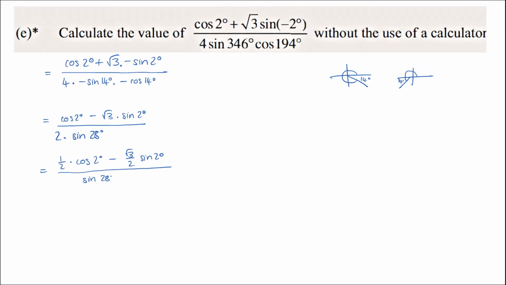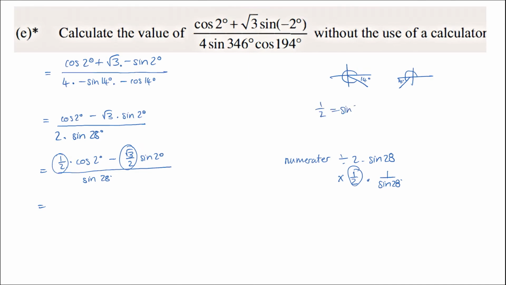So if we look here that we've got this numerator and we are dividing it by 2 times the sine of 28, well, isn't that the same as taking that numerator and multiplying it by a half? And I can still think about multiplying this by the sine of 28 degrees. But it's helpful for me to think about bringing that half up into the top and distributing it to both terms.